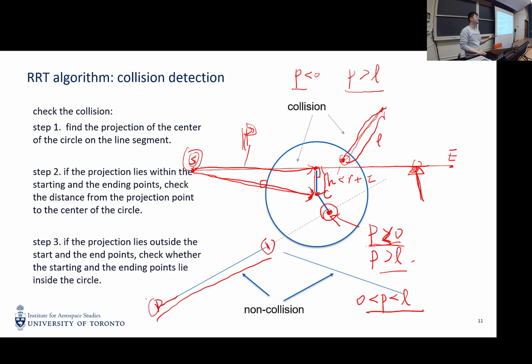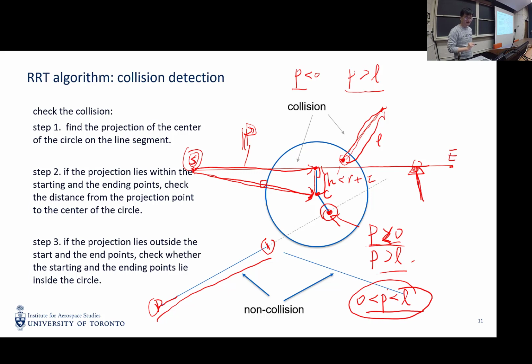So if both of them lie outside the obstacle, then it's a collision-free step. If one of them lies in the circle, then there's a collision between your new step and the obstacle. So there's an invalid step. So you need to do the sampling again. You just discard the current sample, make a new sample, and repeat this process.